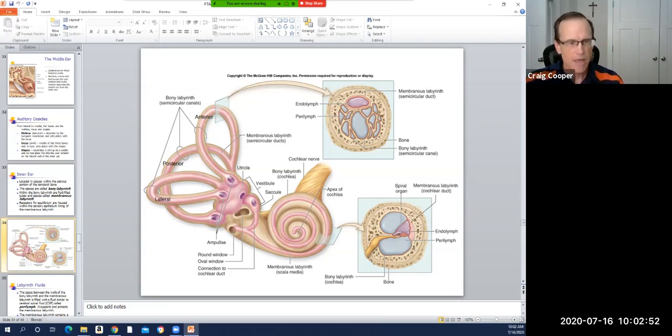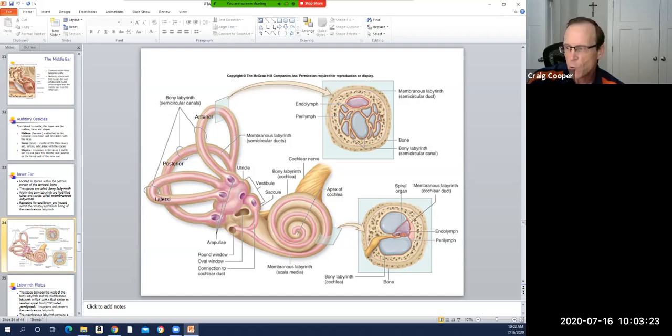When we look at the cochlea, we've got our oval window up here at the top, where the stapes would be attached. It allows sound waves to enter the cochlea, and those sound waves travel through this spiral to the end, then reverse direction and go back out, and are dissipated out that round window down at the bottom.